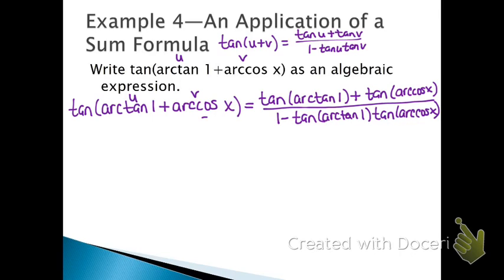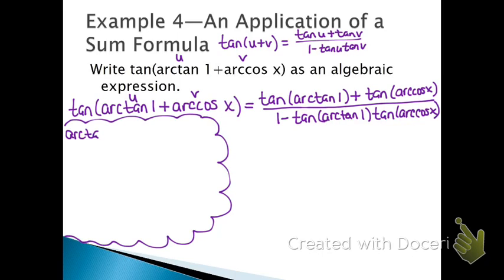All right, so over here, I'm going to do a little think bubble. And I need to figure out tangent of arctangent of 1. I'm sorry, I wrote that wrong. Tangent of arctangent of 1.